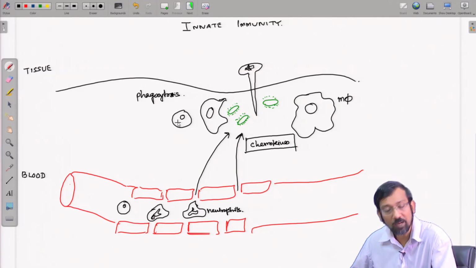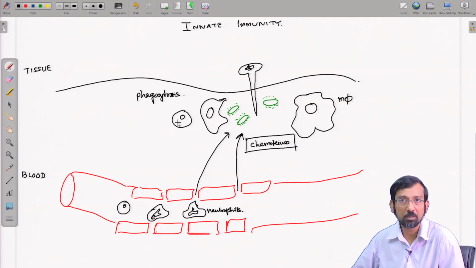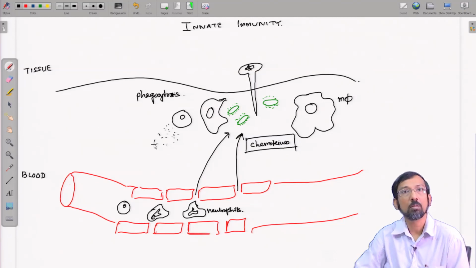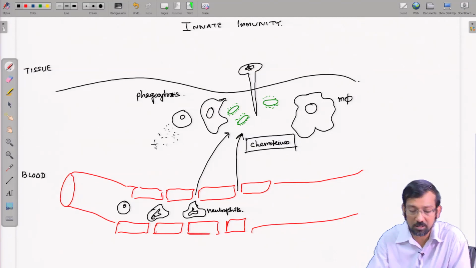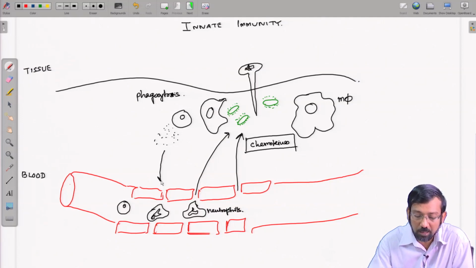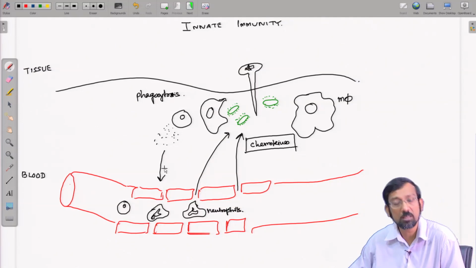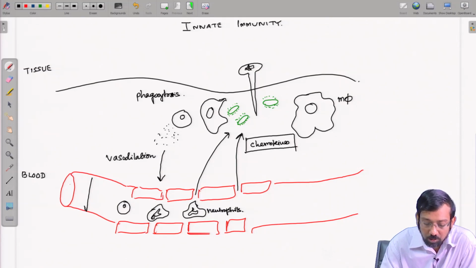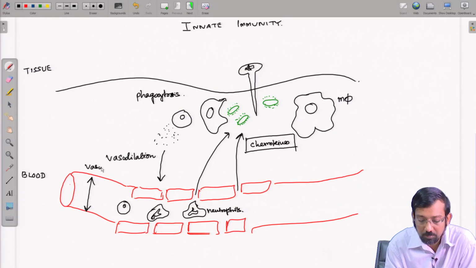So, whenever there is an infection, the histamine is released, and one of the primary actions of the histamine is to cause vasodilation and increase the vascular permeability.